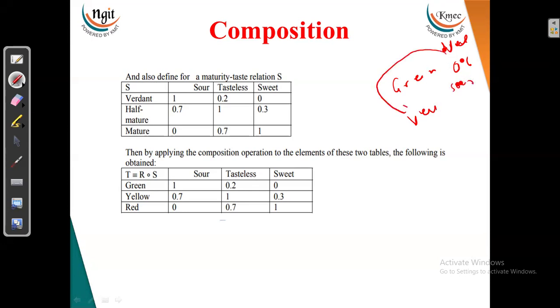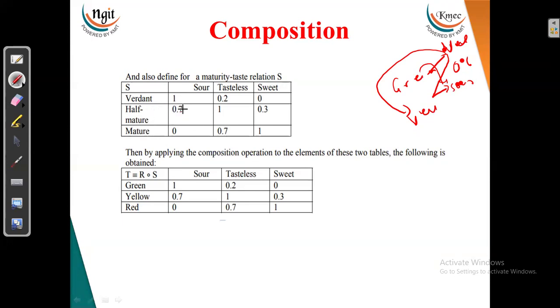It is exactly like the transitive property. Green is related to verdant, verdant is related to taste, which implies green is also related to taste. So don't worry about the transitive property. Now you will get all the values.